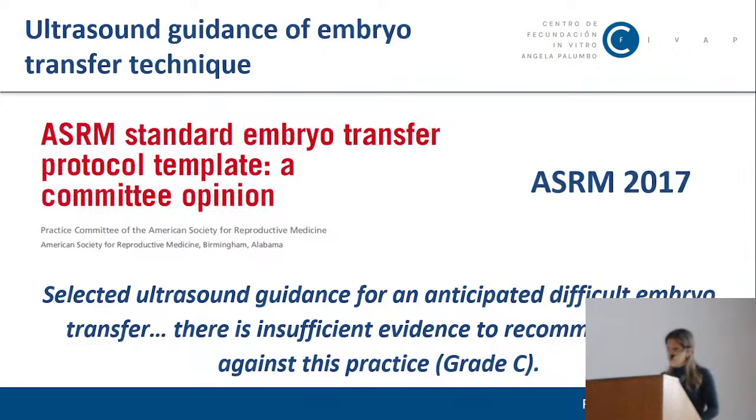The level of difficulty of embryo transfer has also been the subject of investigations. The American Society states that there is insufficient evidence to recommend for or against the selective use of ultrasound when a difficult embryo transfer is anticipated.